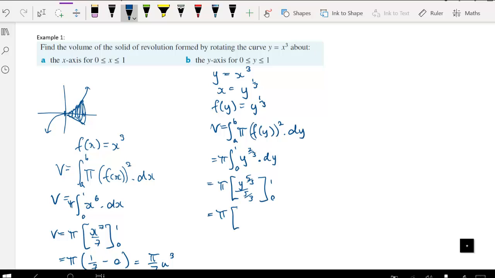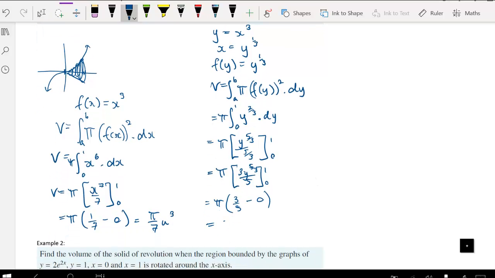So when we divide by 5 on 3, we multiply by 3 on 5. So we have 3y to the power of 5 on 3 on 5 between 1 and 0. And therefore we end up with 1 to the power of 5 on 3 is just 1. So we have 3 on 5, and then we subtract 0. So our final answer is 3 pi on 5 units cubed.